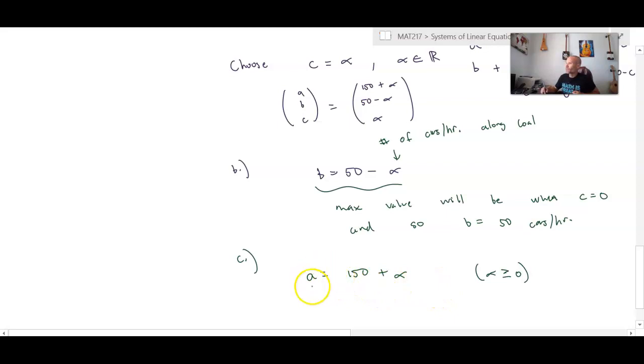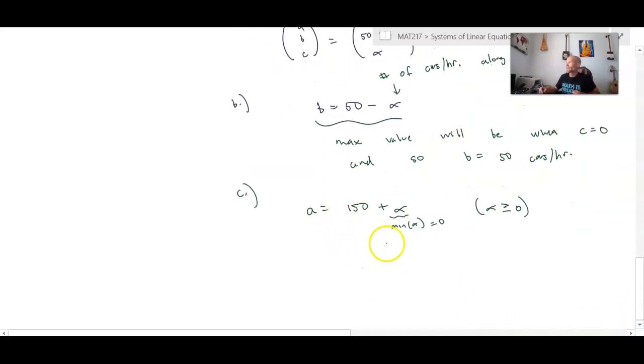Well, that means that the smallest A could possibly be would be 150 plus the smallest value of alpha. So the min of alpha is equal to 0, and the minimum possible value of C is equal to 0. And so that means that A equals 150 is the minimum number of cars per hour along Allen.